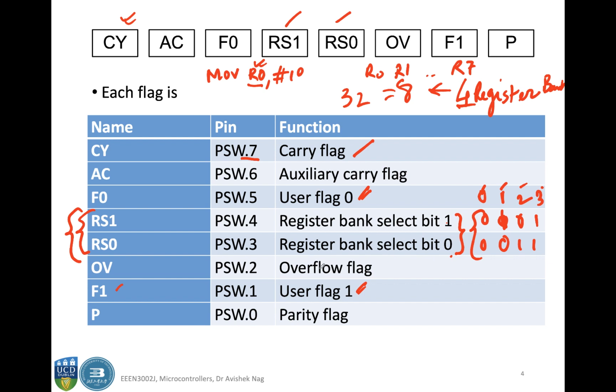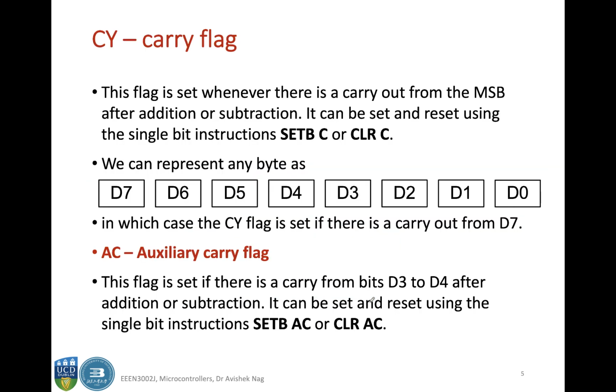Then you have the overflow flag and then the parity flag. Okay, so let's see the detailed function of these flags. In case of the carry flag, as I said, this flag is set whenever there is a carry out from the MSB after addition or subtraction. It can be set and reset using single bit instructions.